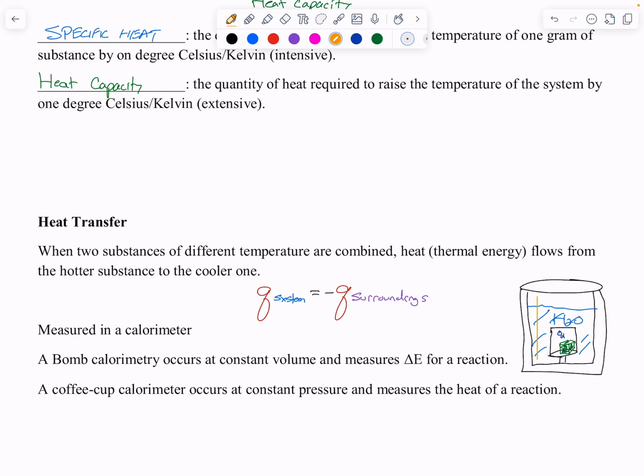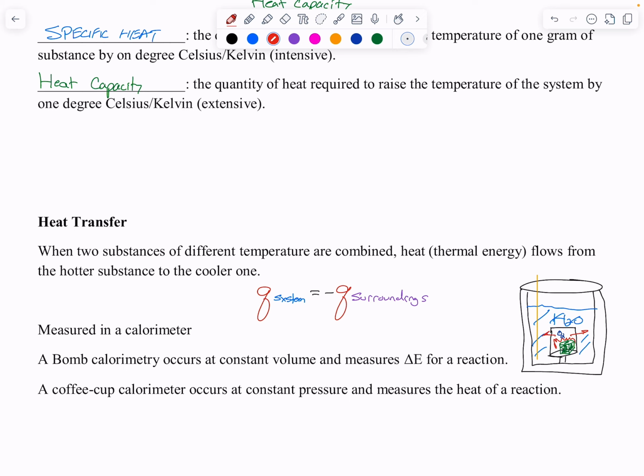You get your thermometer, and that probably somehow sticks out, right, to read. And what happens is we burn this sample in here, right? And the heat goes out into the water, and we can measure the temperature change of the water.